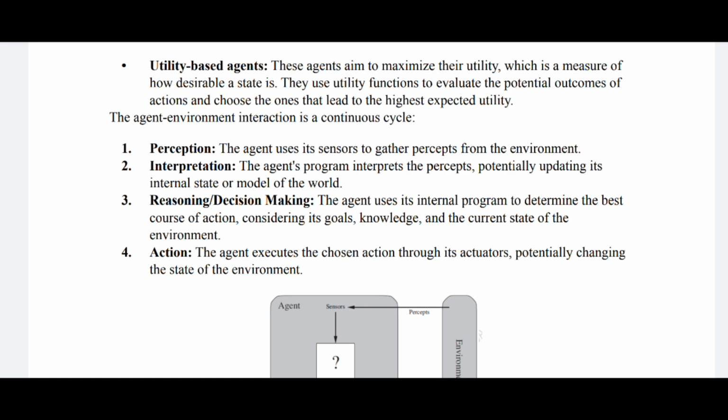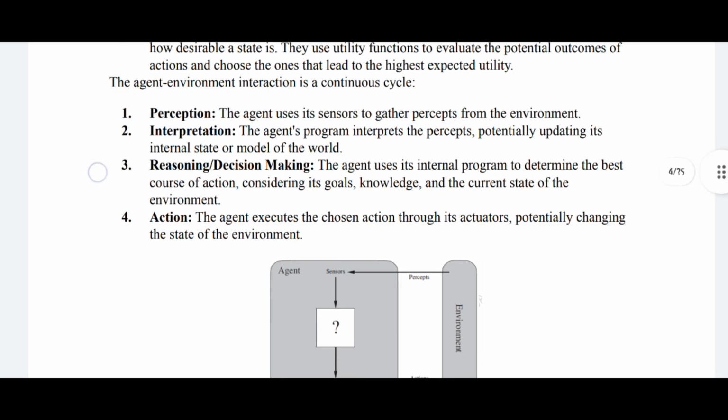Interpretation means they can think about the world, whether they are updating the internal state or not, and what the situation is, and interpret the solution.